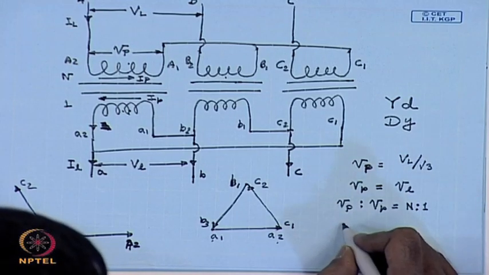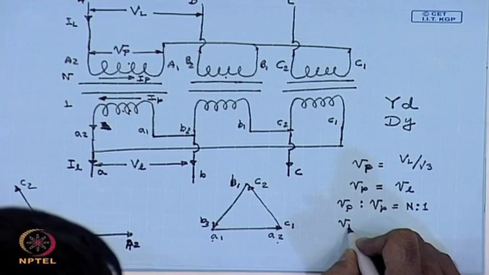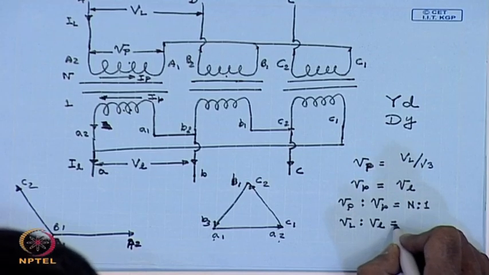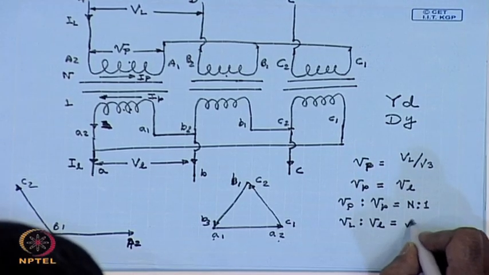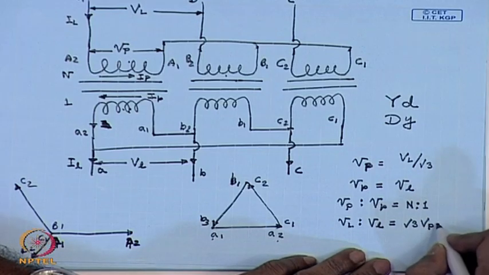Therefore, V capital L is to V small l equal to root 3 V capital P is to V small p.